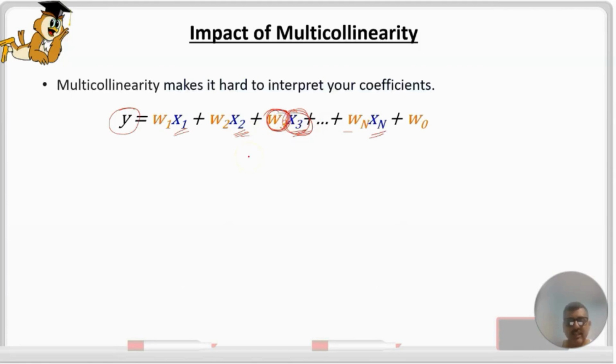So that second purpose of running a linear regression gets defeated. Why does that happen? Like we said, if x3 is a linear combination of x2, x7 and x9, you could balance out the value of w3 by modifying the values of w2, w7 and w9, right? And therefore the value of w3 that you end up with after running the linear regression does not correctly capture the relative importance of x3.